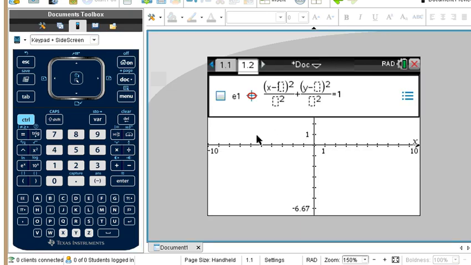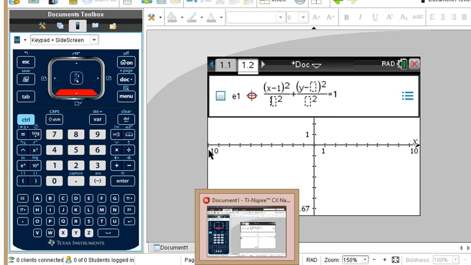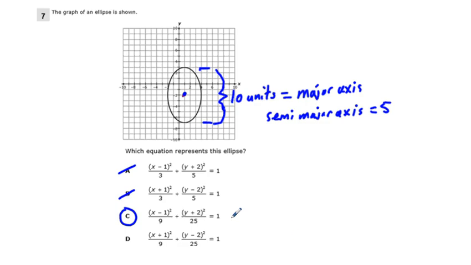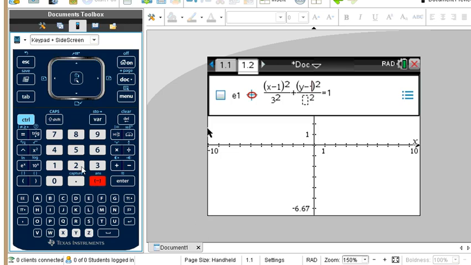So we get X minus 1, and that's going to be over, I think it was 9. Let's check to be sure here. Yeah, 9, so that's going to be 3 squared. So we put in 3 squared, and then we have Y, and it's going to be minus negative 2, because that's how we get Y plus 2.